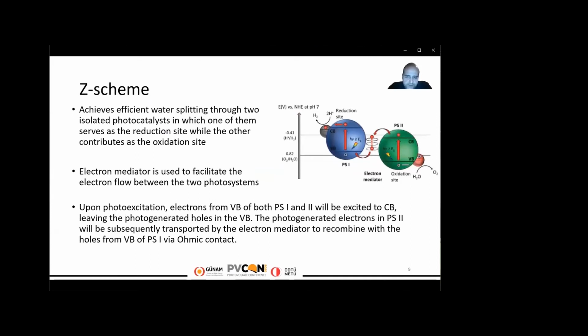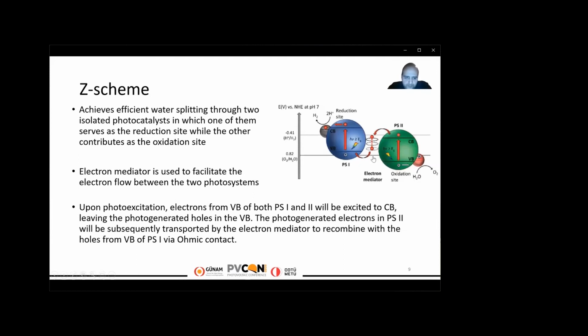And water splitting occurs in two isolated photocatalysts, in which one of them serves as the reduction site, while the other as an oxidation site. And an electron mediator is used to facilitate the electron flow between the two photosystems.